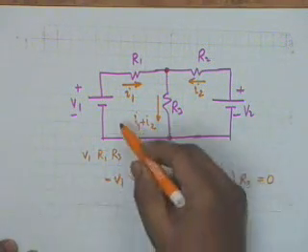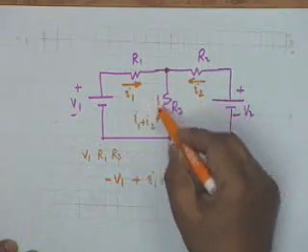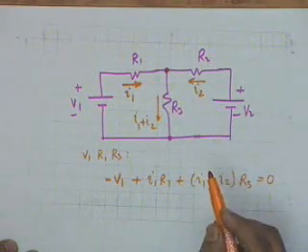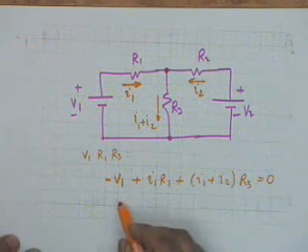This is the application of KVL around this loop V1 R1 R3. Is it okay?